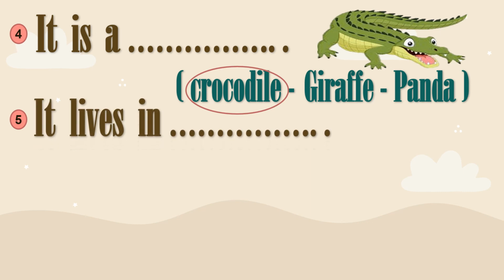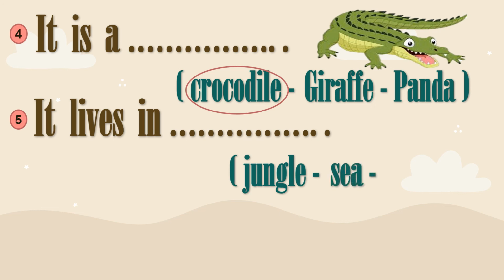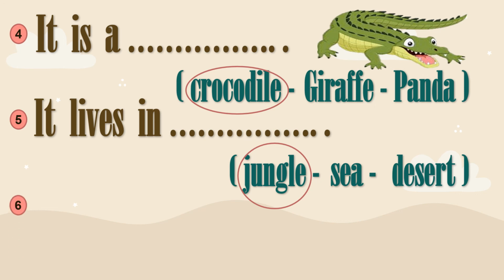Number 5. A crocodile lives in jungle or sea or desert. Clever boys, it lives in the jungle.